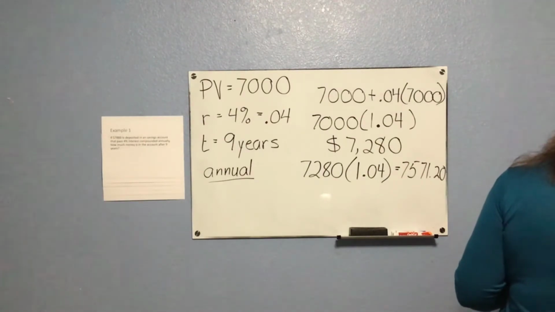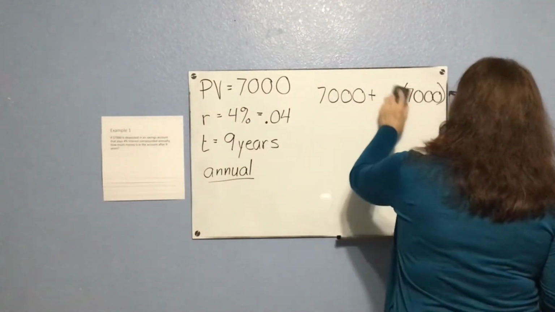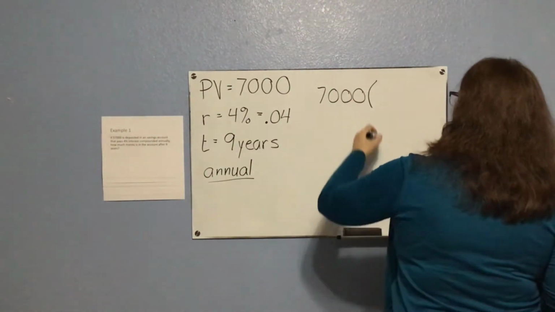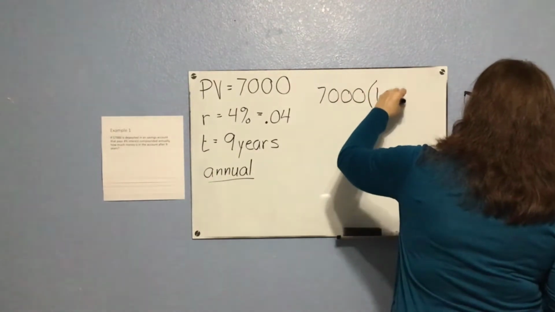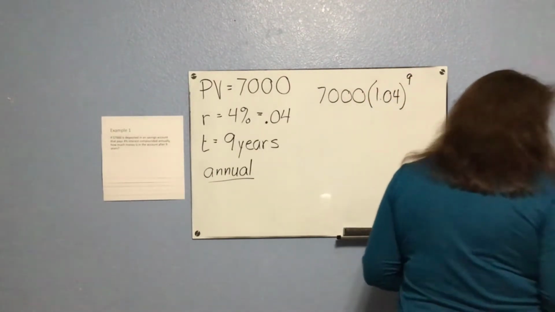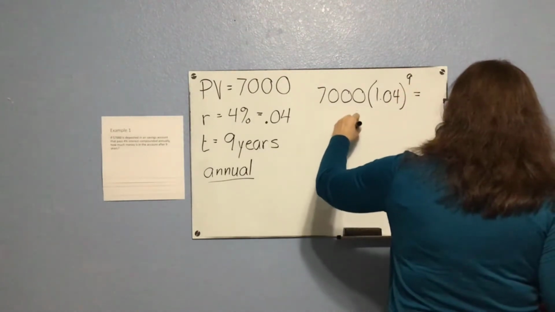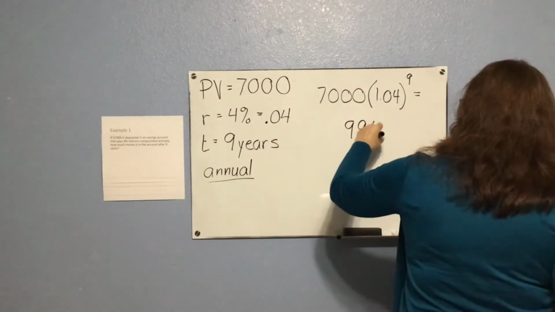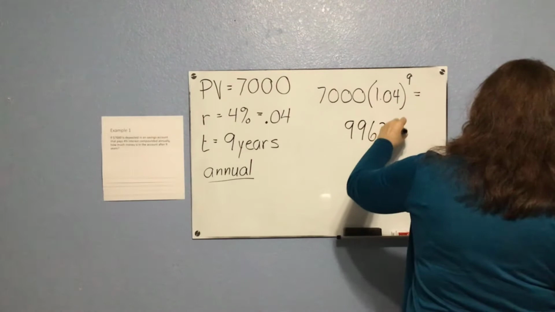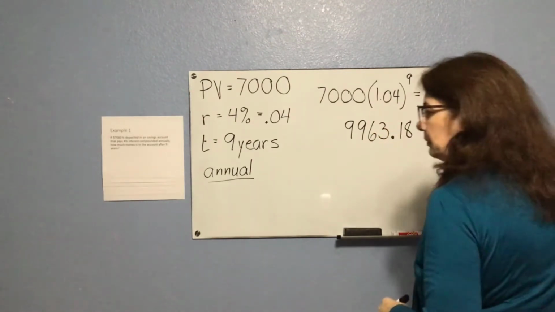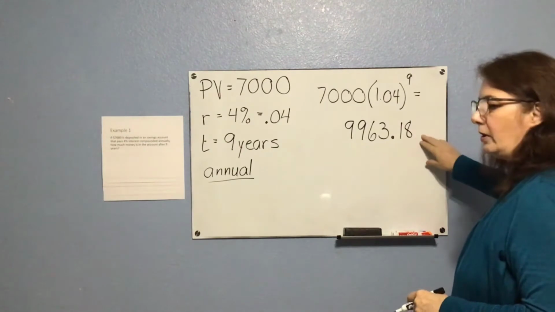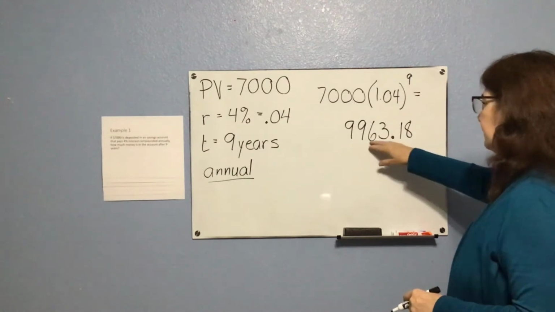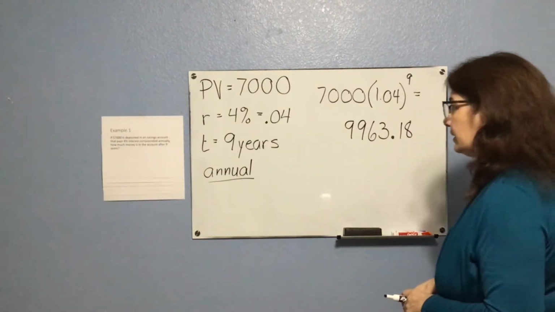So instead, we're going to multiply by that 1.04 9 times. So we're going to write that as an exponent, 1.04 to the 9th power. And this gives us a total of $9,963.18. And remember, when we're working with financial problems, we always round off to the nearest cent. So after 9 years, I would have just a little shy of $10,000 in this account.